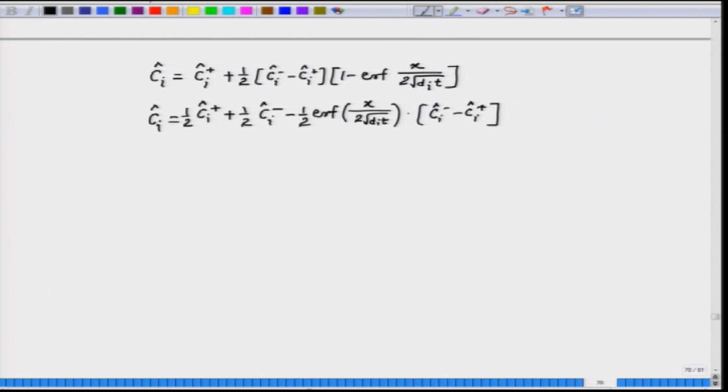Now, if we want to get back to the original basis, because we want the solution for composition in the original basis, we first need to convert this into matrix form.